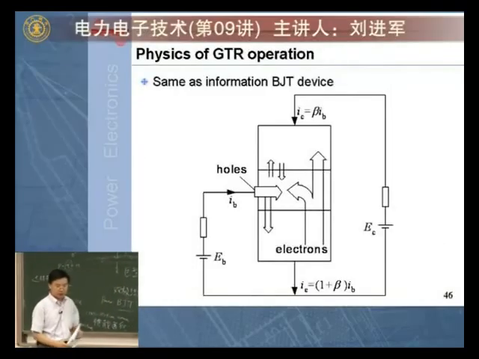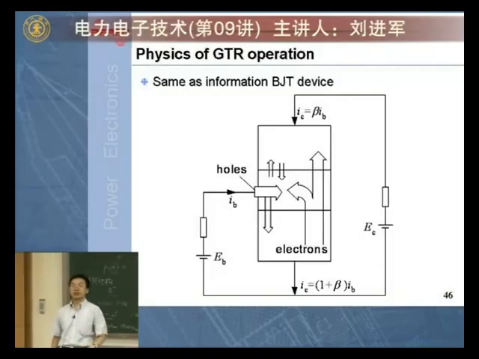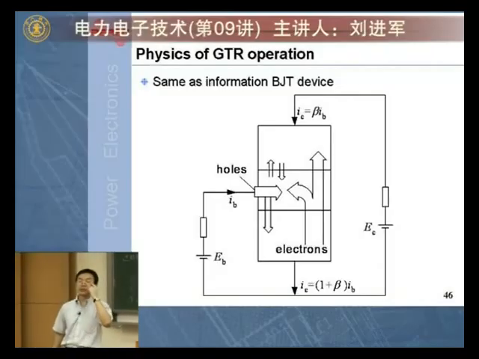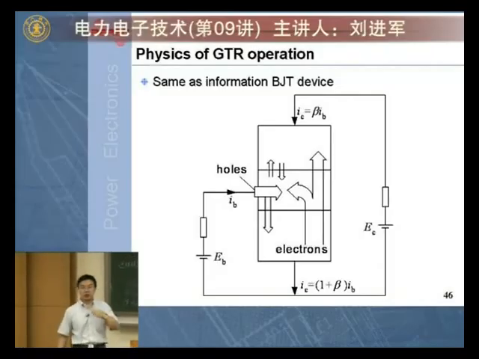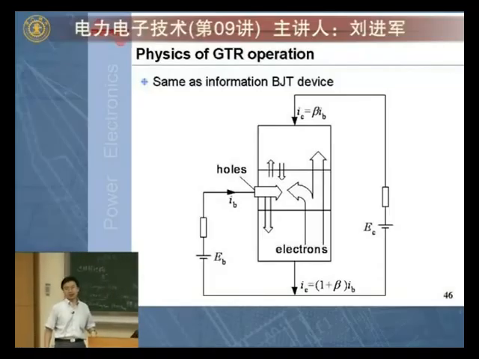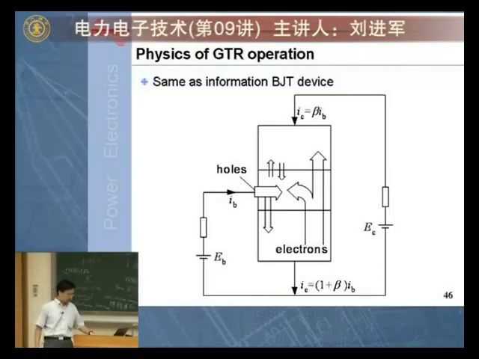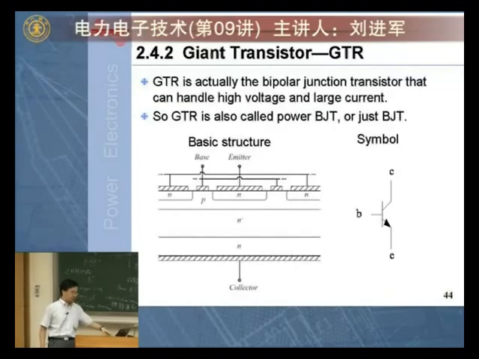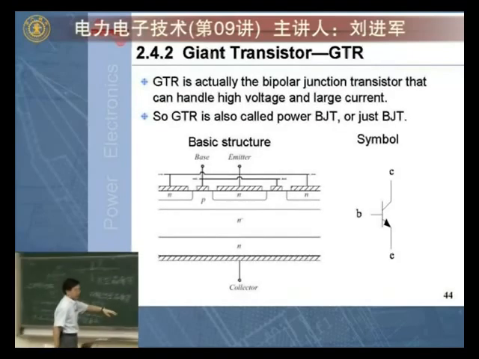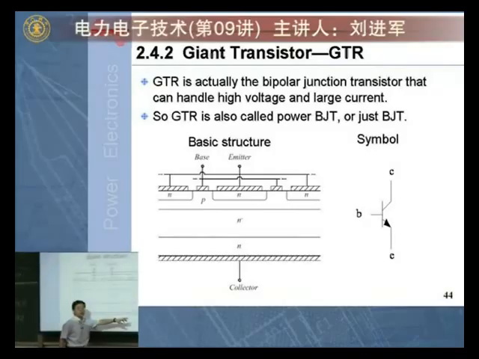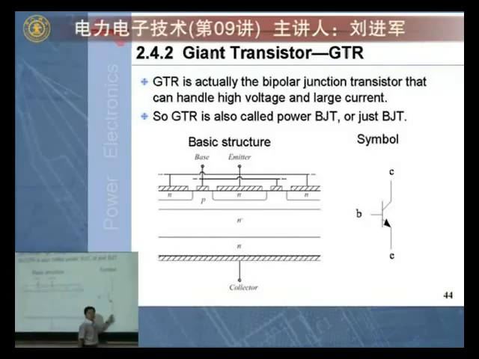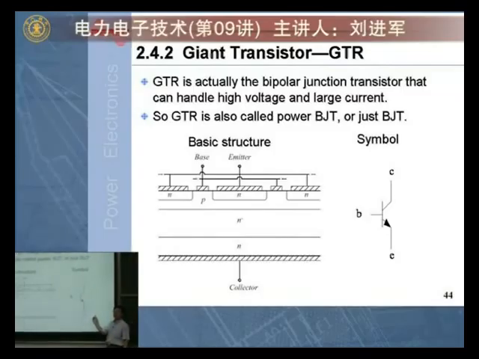The operation principle is exactly the same as the ordinary transistor in information electronics. Okay. And even the electric symbol is the same. We use the same symbol for GTR, same as the symbol for ordinary transistor.